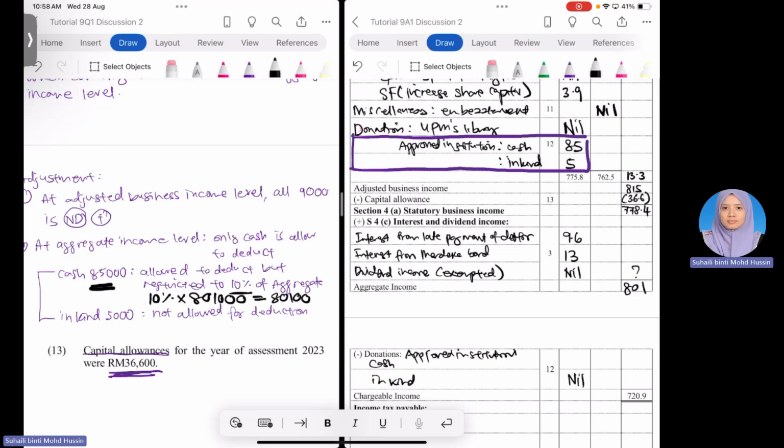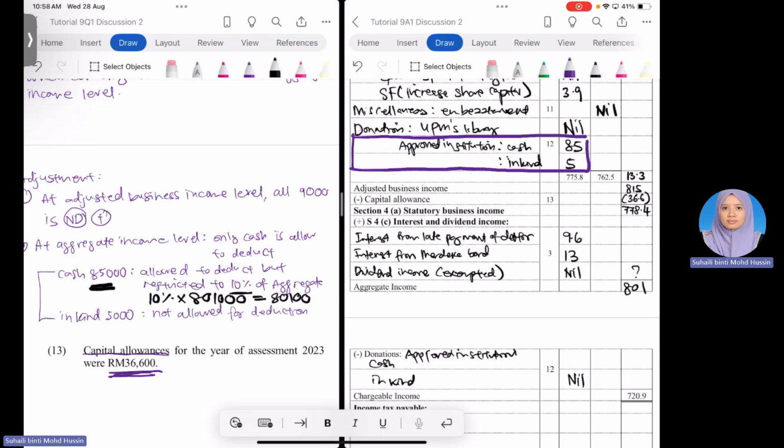So the amount of the cash that is allowed for deduction is only 80,100. So sad, this one. Then total up the amount, bring it here.